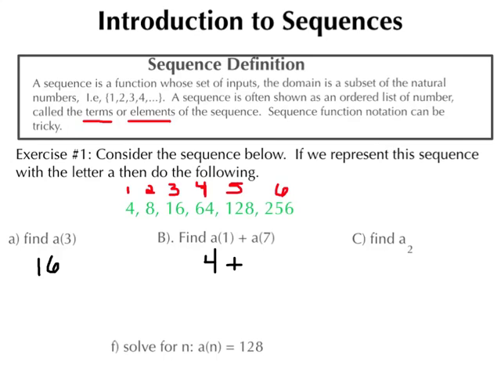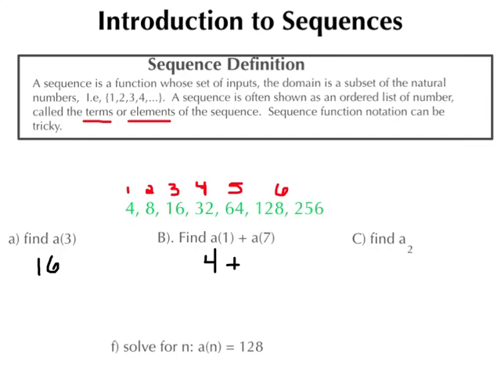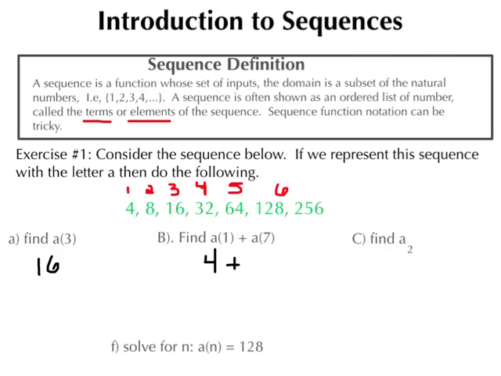And I apologize. I made a mistake in the notes. There should be a 32 in there. So let's go in there real quick and edit that as we speak. Should be 16, 32, comma.